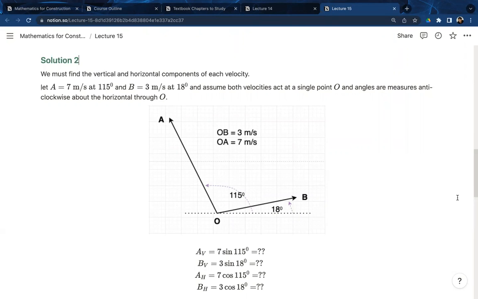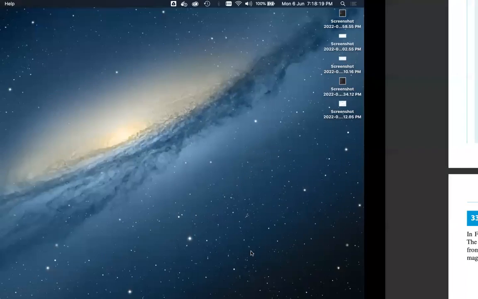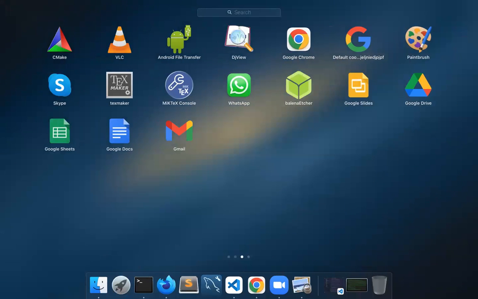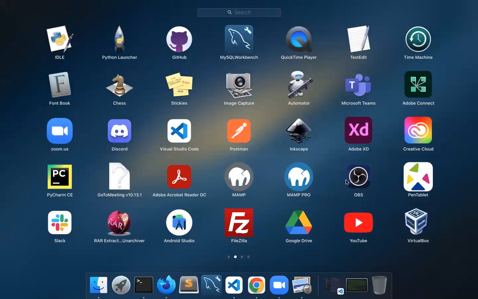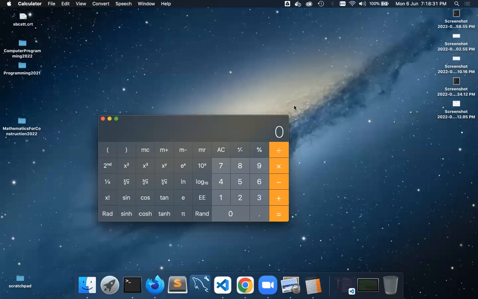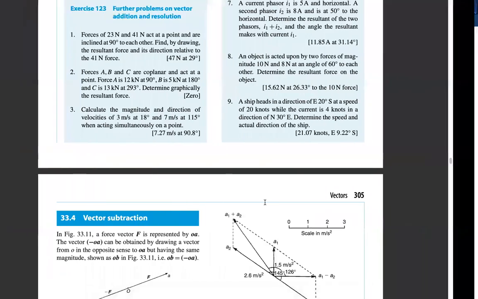So what was the value of all these things? 7 sine 115. How do you find that? Seven multiplied by sine 115, sine of that multiplied by 7, is 6.34.